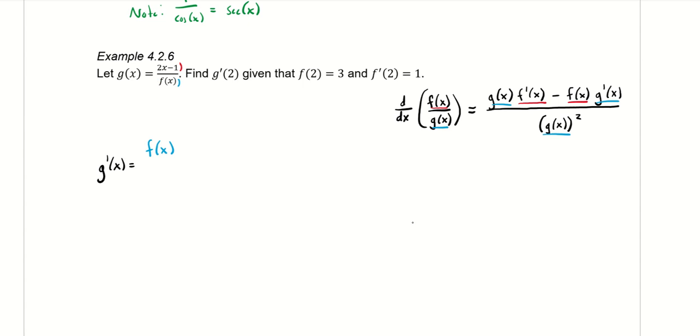So f of x times the derivative of my numerator function, which is the derivative of 2x minus 1, minus my numerator function, 2x minus 1, times the derivative of my denominator function, all divided by my denominator function squared, so f of x squared.